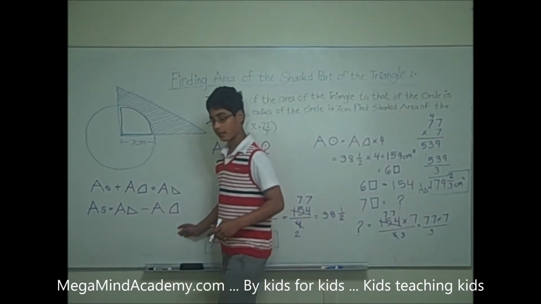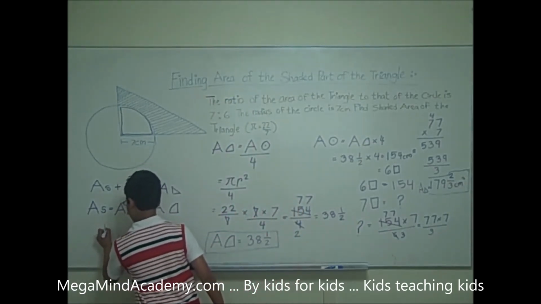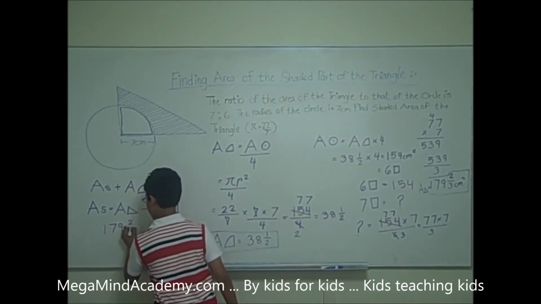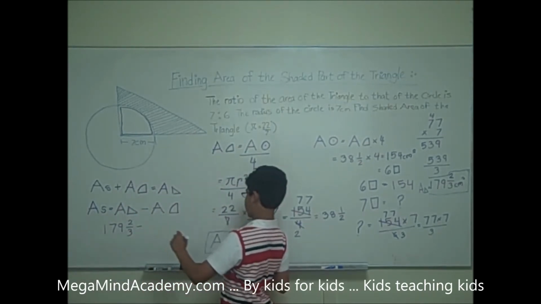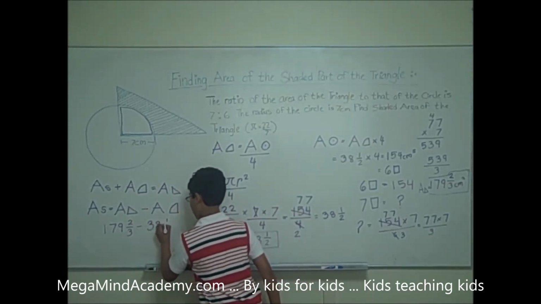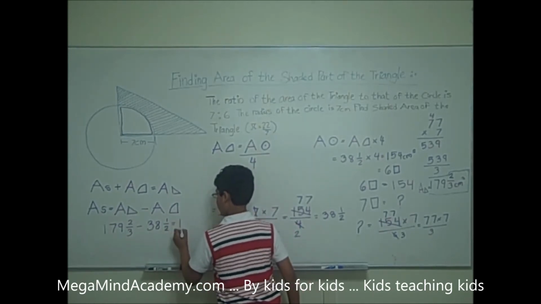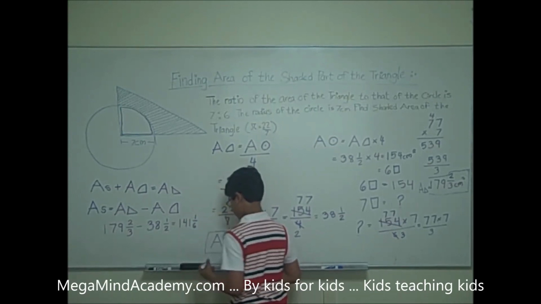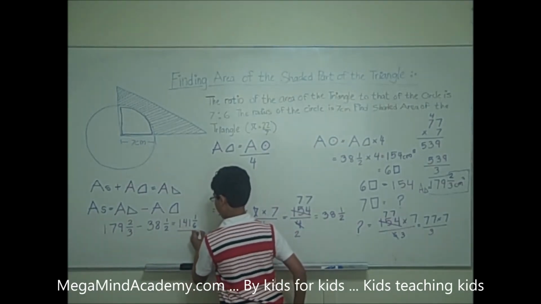Let's do that right here. 179 and 2/3 minus 38 1/2 is equal to 141 and 1/6.